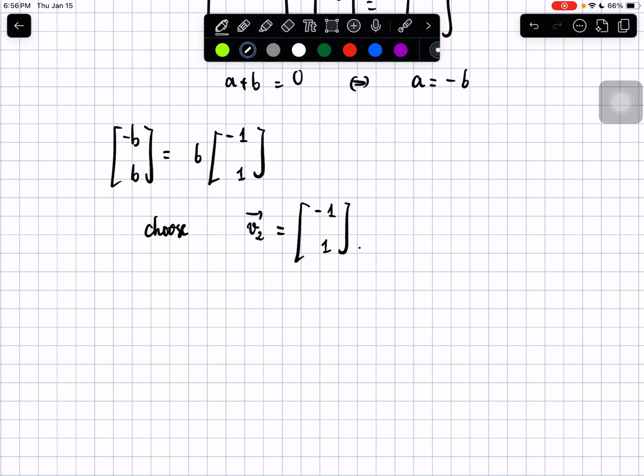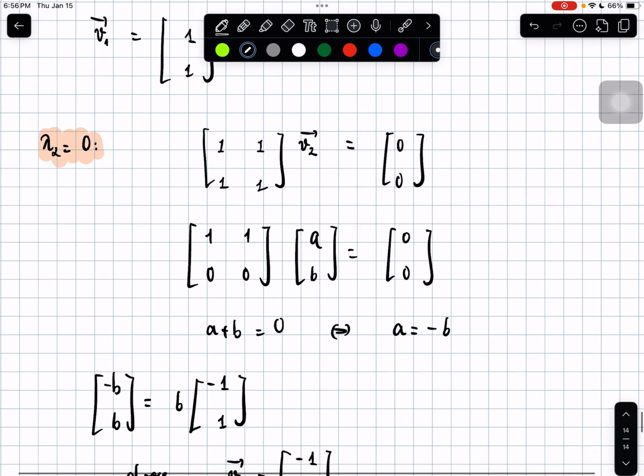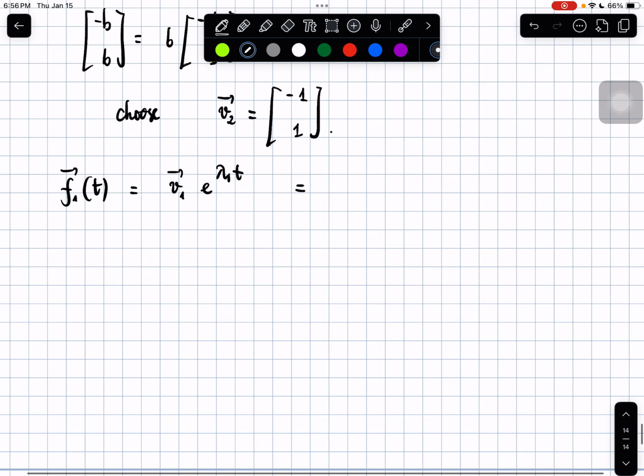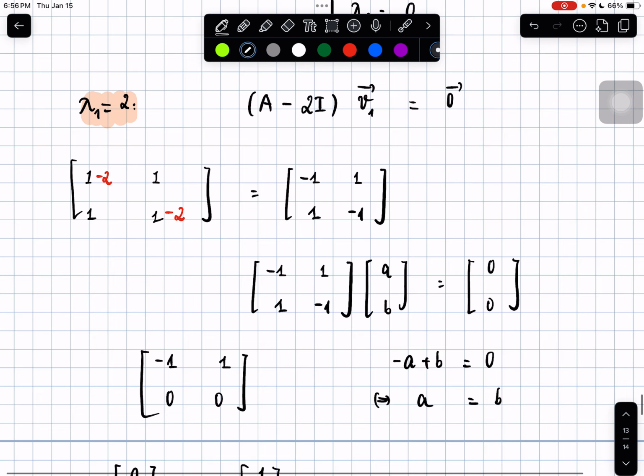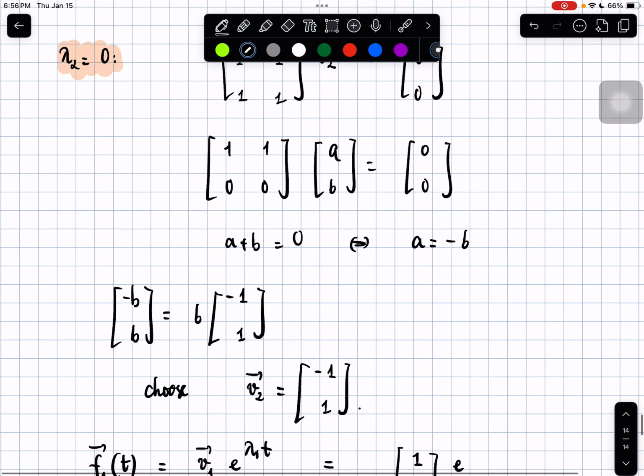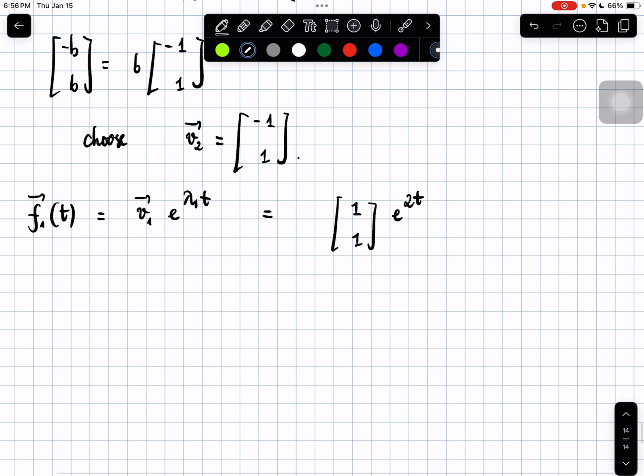Now we have two eigenfunctions. Function 1, v1 e to the lambda 1 t, in our case (1, 1) e to the 2t.